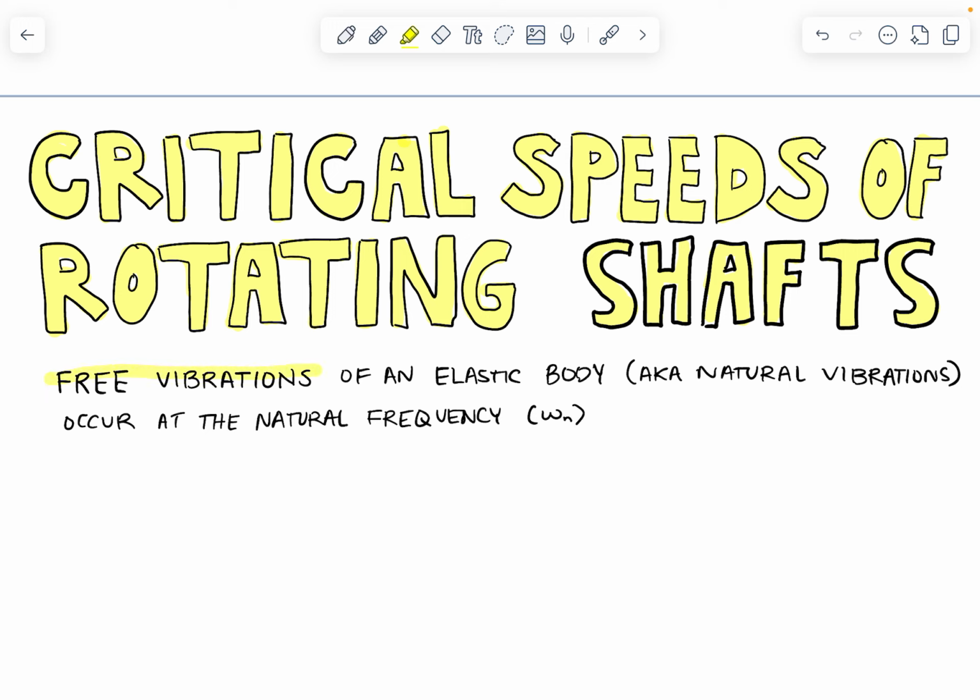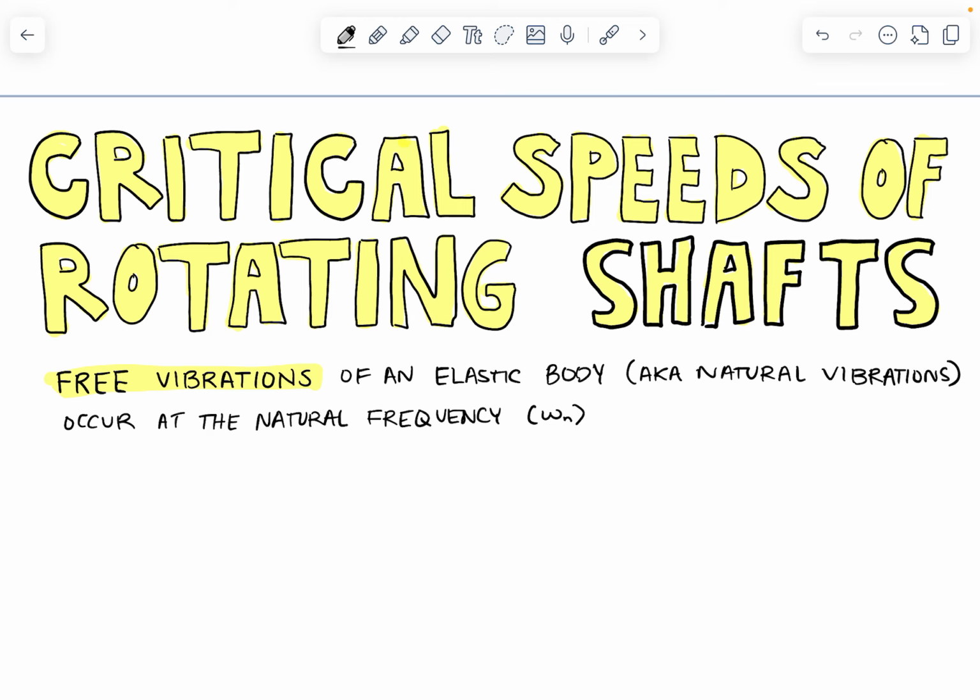So, free vibrations. This is what happens when you pluck a guitar string and it continues to oscillate naturally without any additional external forces. You could also think of pulling a child back on a swing and letting go, and they continue to go back and forth.